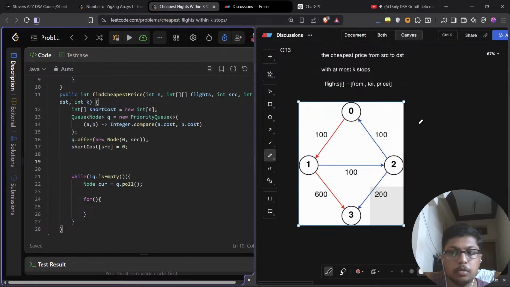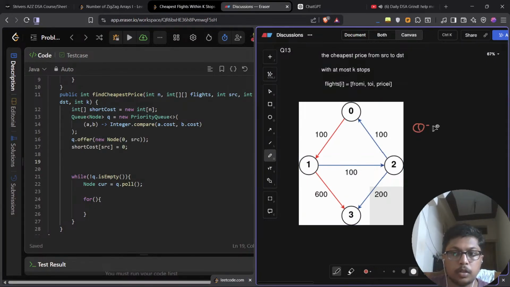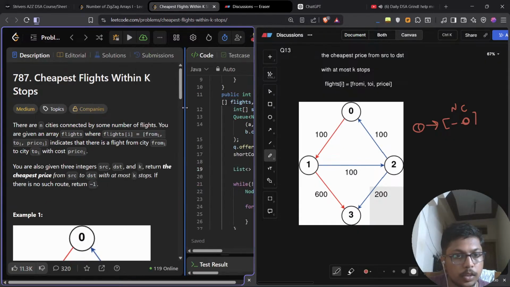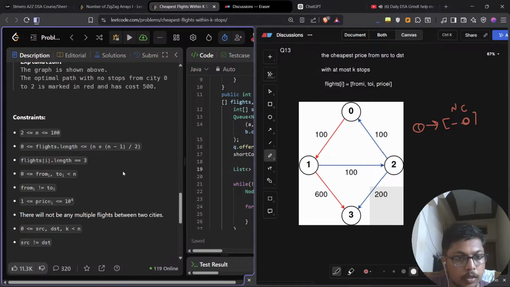I could easily do it if I consider this as a node, okay? And I'm storing them as a pair, the node and the cost itself, right? So this is the cost and this is the node, and maintaining a list of this thing. So let's make a list, since the initializations are done as 0 to n minus 1, right?